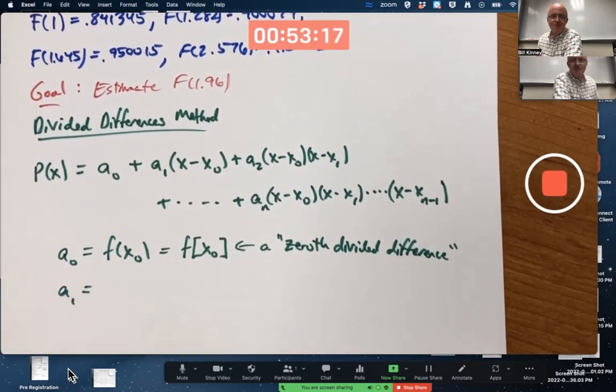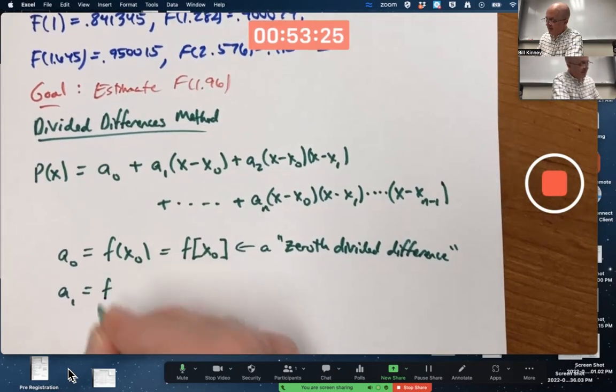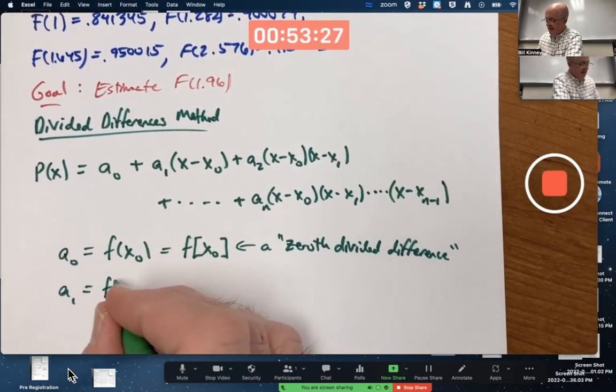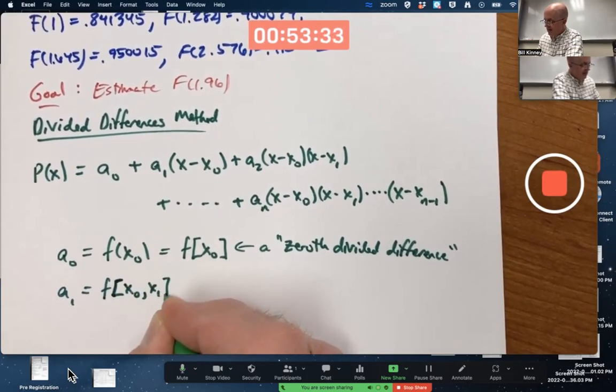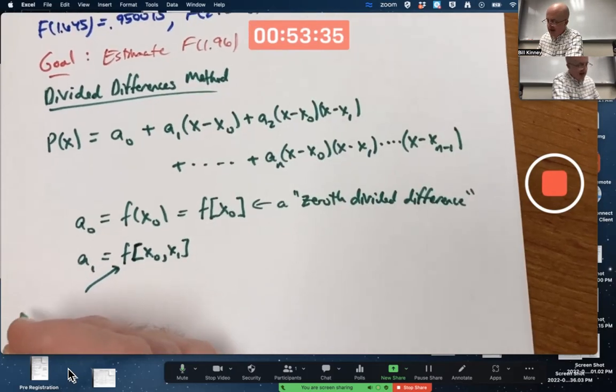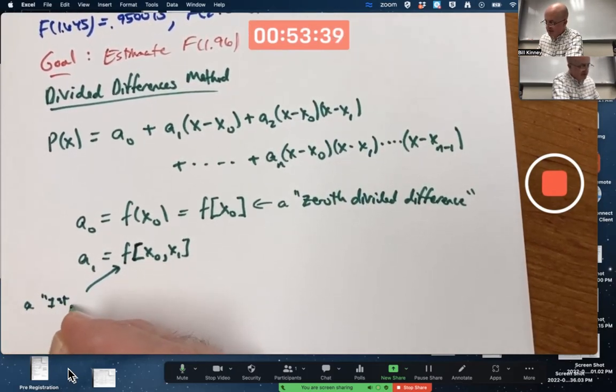A1 is not a function value, though it's related to function values. It's a first divided difference, and the notation is to use square brackets again with x0 and x1. This is a first divided difference. I'll just call it first DD.